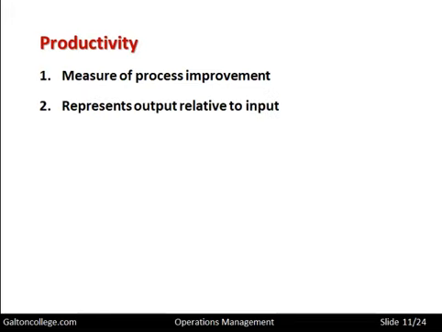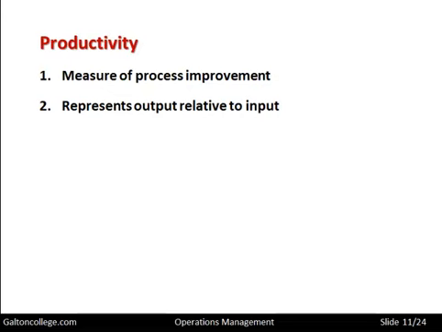Now productivity is a measure of the effectiveness of the transformation process. The transformation process moving from inputs into outputs. Productivity is a measure of the effectiveness of how well the inputs are transformed into the outputs. So it's a measure of process improvement, the effectiveness of the process.